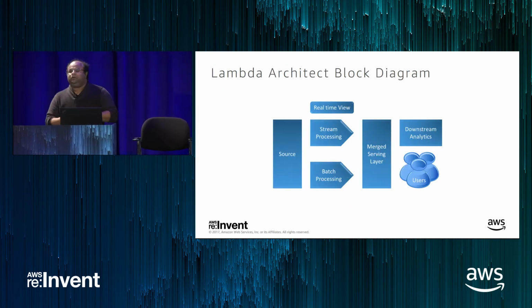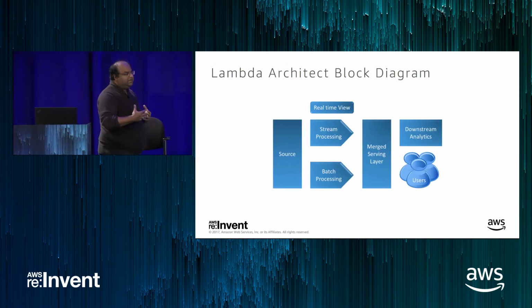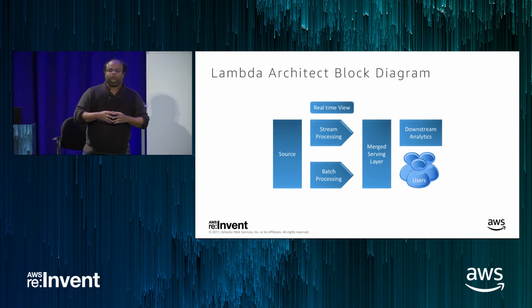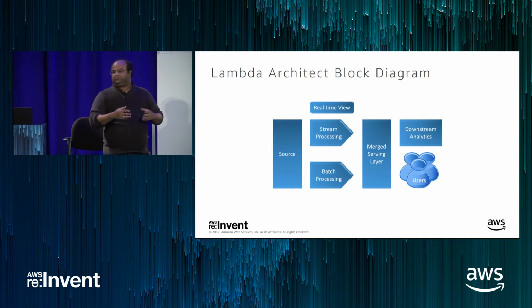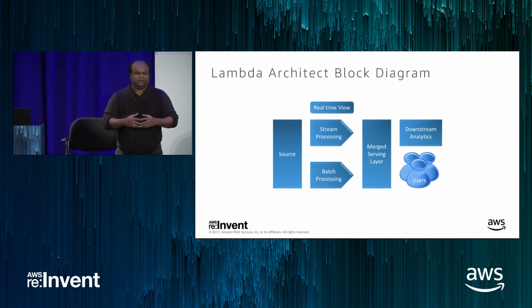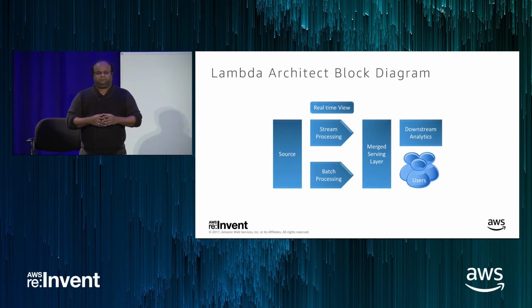So before we go into that, here is a high-level overview of what the Lambda architecture block diagram looks like. You have your data source. It could be an IoT device, or it could be something like your web server logs coming in, and then the data is sent to both your batch processing and stream processing blocks.